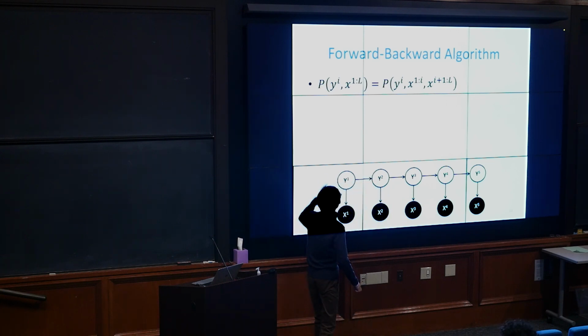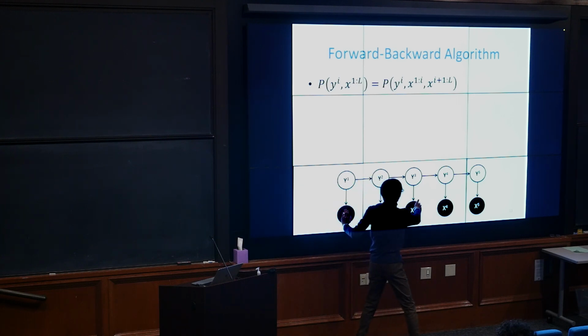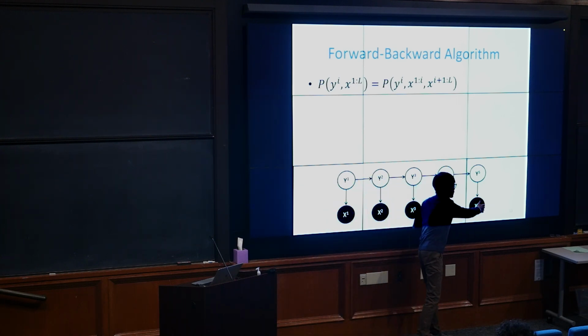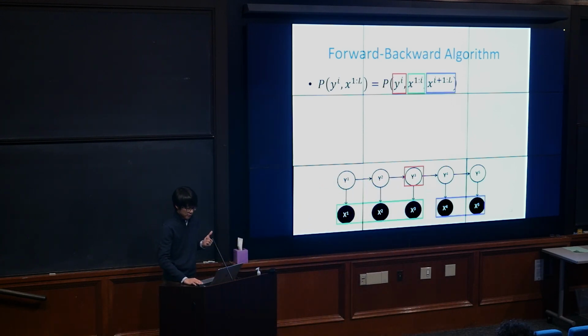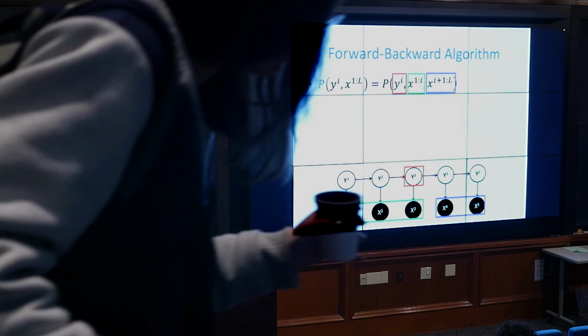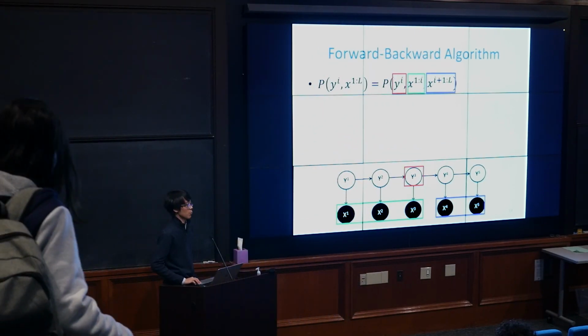So if we say i is 3, so for Y3, we take this sequence and chop that up, and we take this sequence and chop that up. So that's pretty straightforward. Oh, I had boxes. I have colored boxes here to show what parts of this model we're covering.